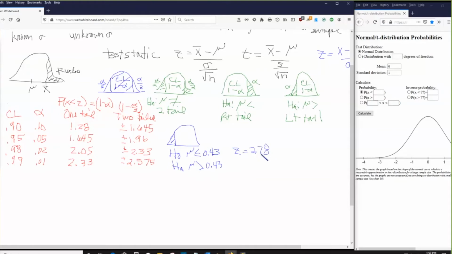Then in order to figure out what the p-value is, we're going to plug in P of x greater than 2.78.